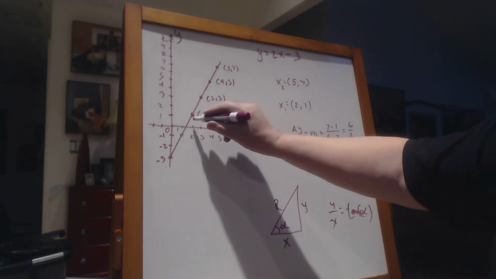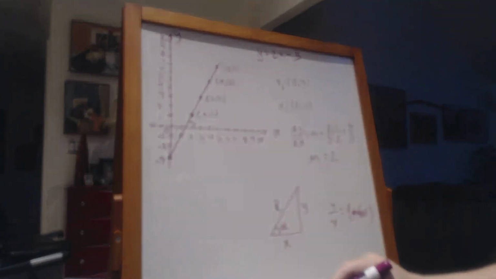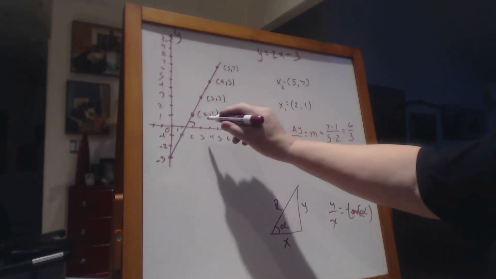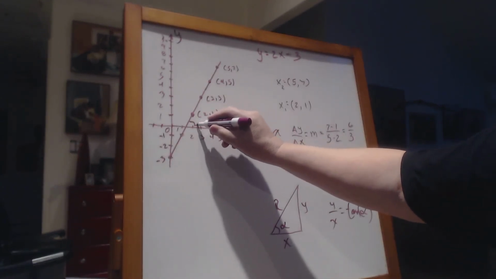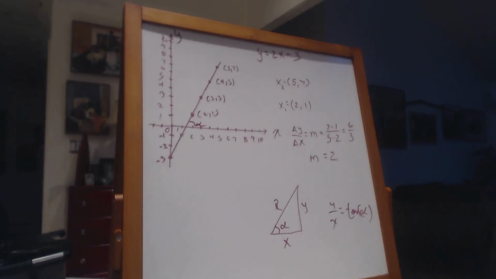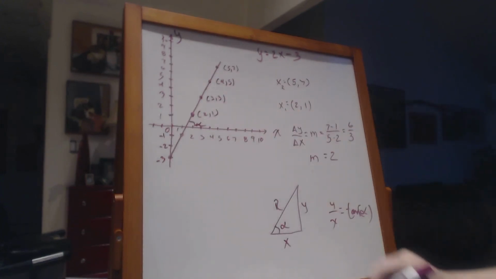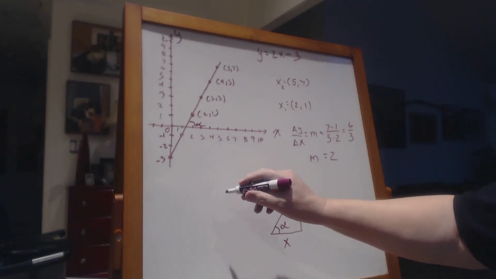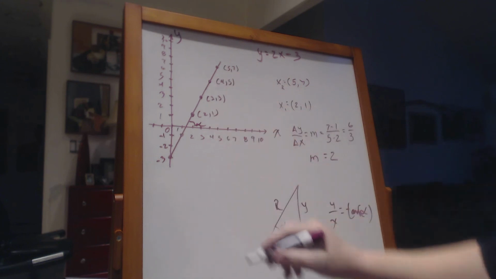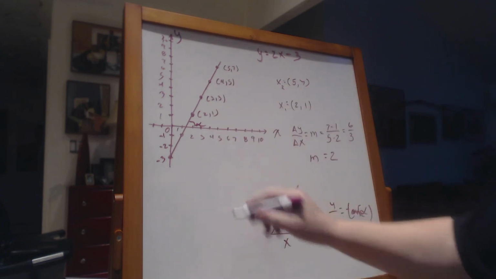And this line, when it makes an intercept with the x-axis, makes an angle with it. And this change in y over the change in x is the tangent of the line. And it just basically follows the line.